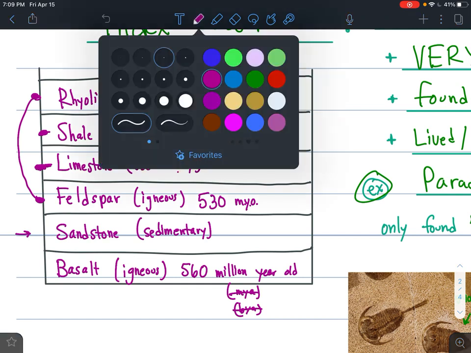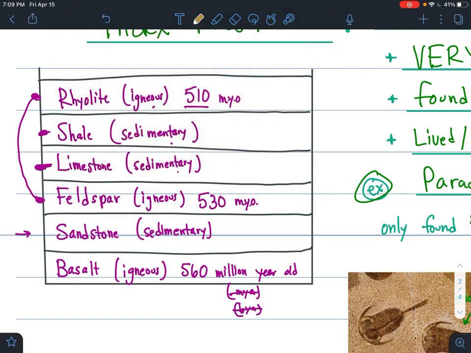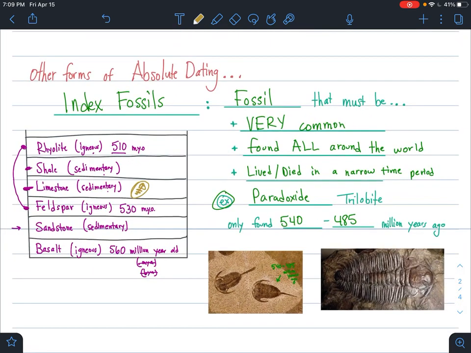Now lastly, let's pretend that we didn't know any of those ages and we found a trilobite fossil. Instead of doing all the radiometric dating, we might just find that trilobite fossil in the limestone, and then we would automatically know, just because of how common that fossil is across the world, that this rock layer is 540 to 485 million years old.